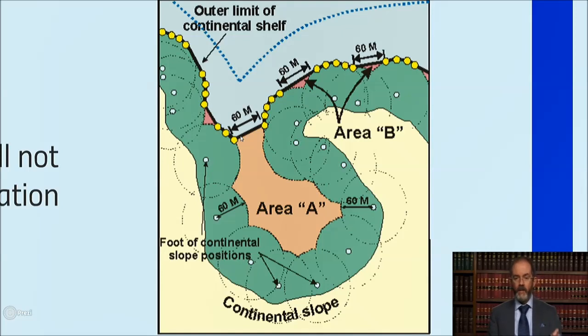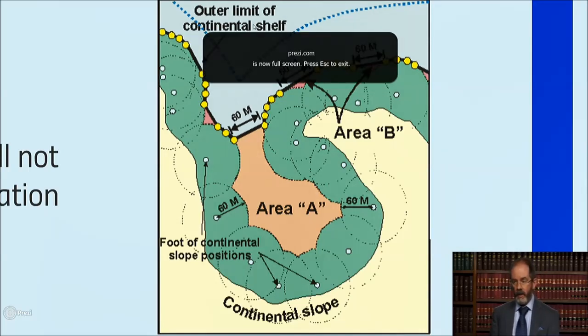The Commission has not taken that view, and the Commission has said this kind of line joining is impermissible. It doesn't respect a distinction between the real continental shelf and the deep seabed.